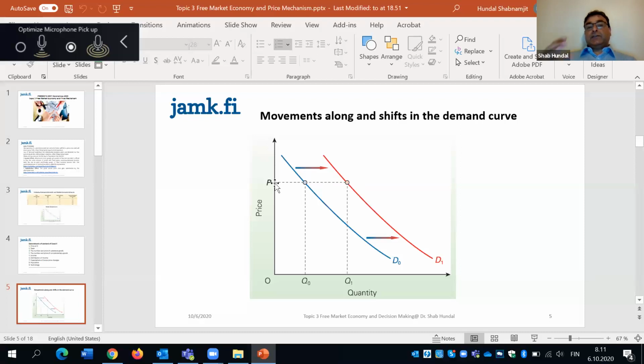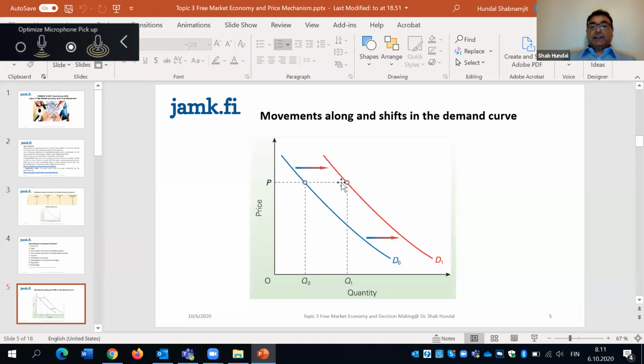For instance, you're quite affluent, you're quite rich, and you were able to consume more when the income was high. But when the income drops, then you are able to afford less at the same price. So it's very important for us to conclude that when there is an increase in demand, there can be a movement along the demand curve, or there could be a shift in the demand curve itself.